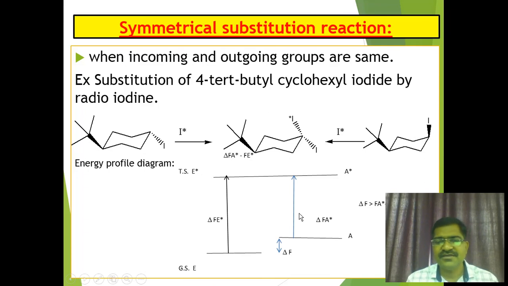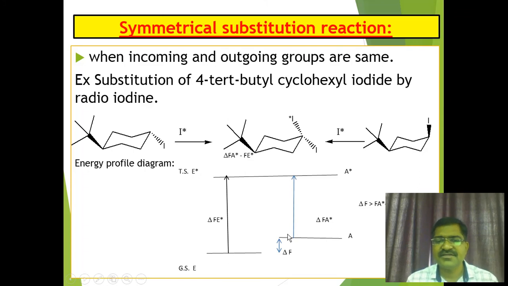If you see the energy profile diagram here, it clearly shows that the axial isomer reacts faster. If you compare the length of this line and this line, the axial isomer has the lower length.